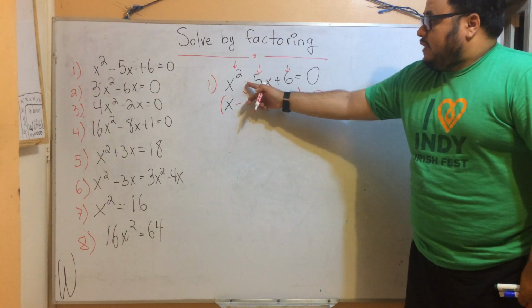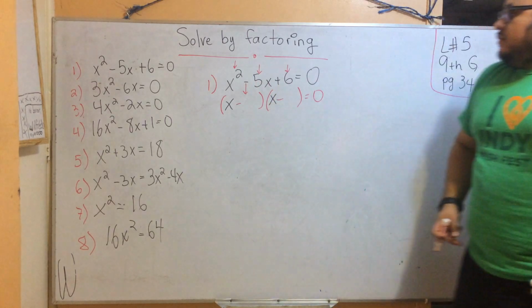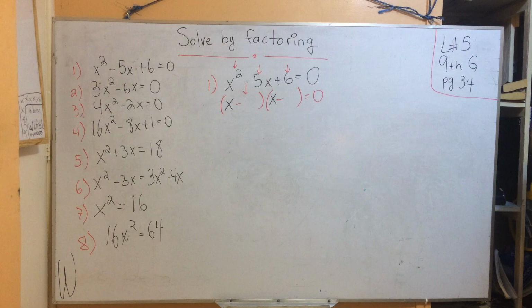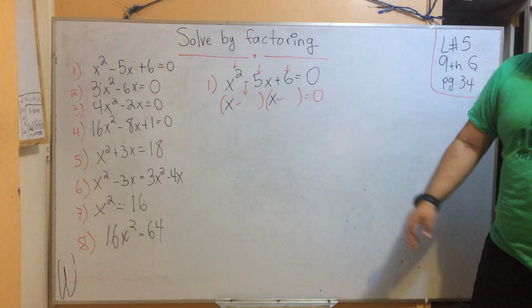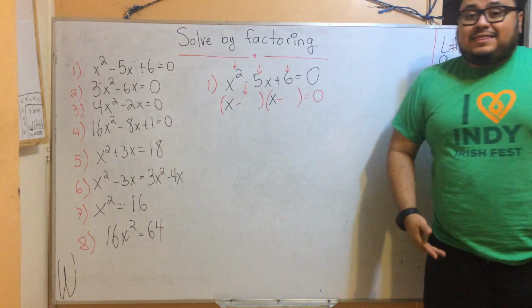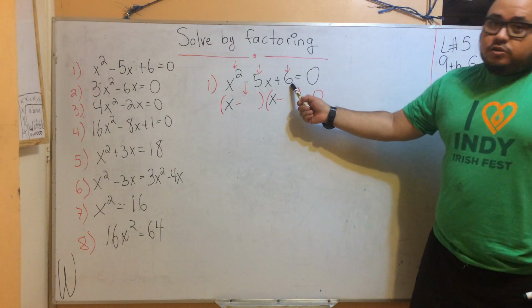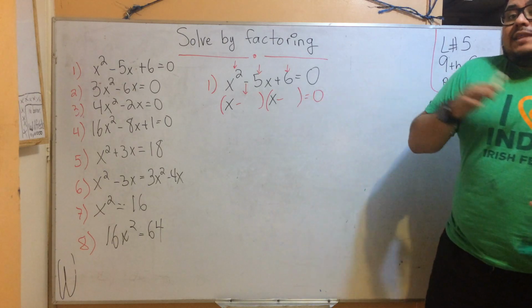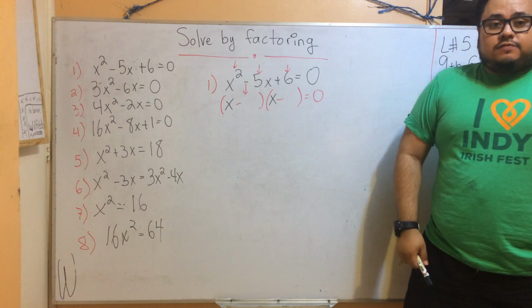So we have negative times negative, times positive, it's going to be negative. Now, how do we get to the term in the middle and the term at the end? We're looking for numbers that multiplied are going to give us 6, but added or subtracted are going to give us minus 5.